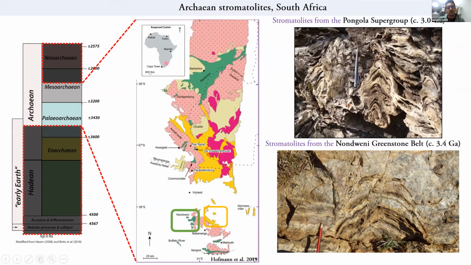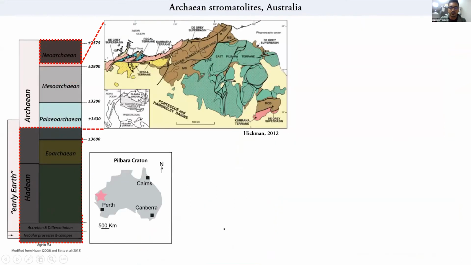Now, these stromatolites from the Pongola Supergroup are much younger, of 3.0 billion years, roughly 3,000 million years in age, and they are further east of the Nondweni greenstone belt, which is shown here in the map. And it's beautifully exposed in the White Mfolozi River area.